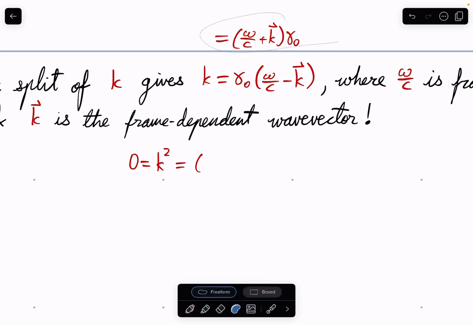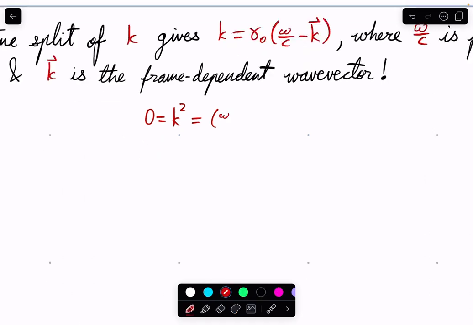So when we square it, we can just use both. So when we square this, we can have omega over c plus k vector, and you have gamma squared, then you have omega over c minus k vector squared.